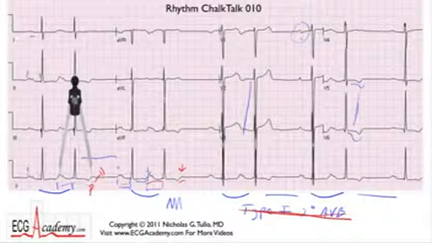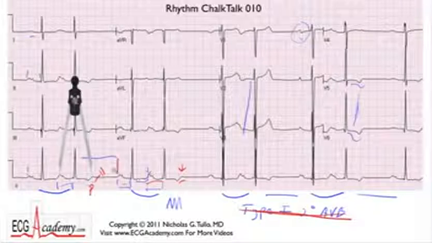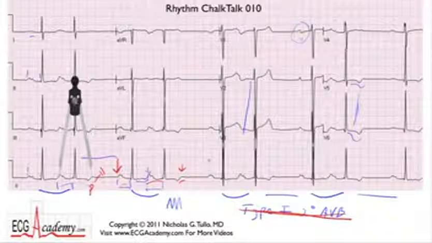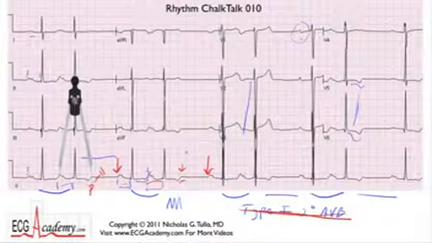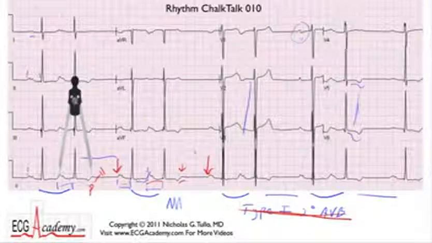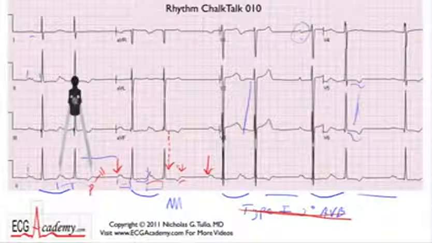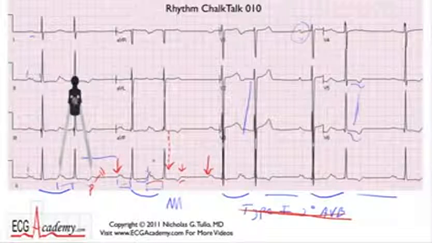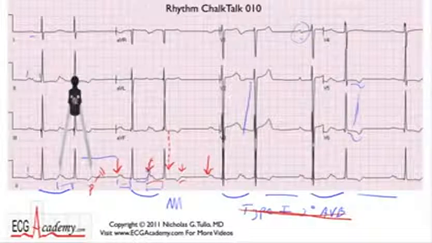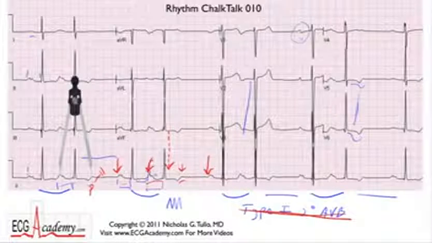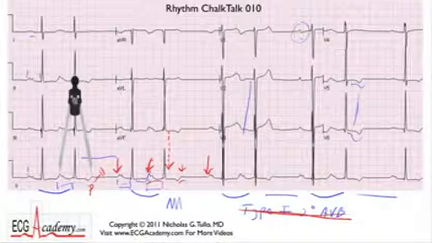Well, I'll tell you what this is. This is a sinus beat, and this is a sinus beat. And if you figure out what's in between, the next sinus beat should have fallen here, but it didn't. It came here. Okay, so it's not a sinus beat. It's premature. So this is a PAC.